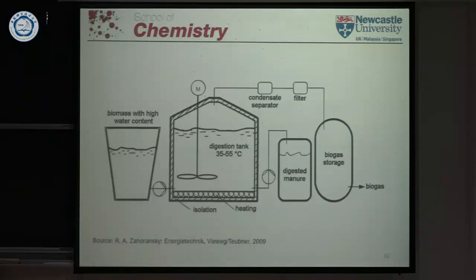Another possibility for biomass is not a gasification, but a fermentation process. So you take biomass which has, let's say, a high water content, and then you do some fermentation in what they call a digestion tank. Then you have the manure that's digested, and then you produce a biogas that comes out of this process. You go to condensate, filter biogas, and then you can use biogas.